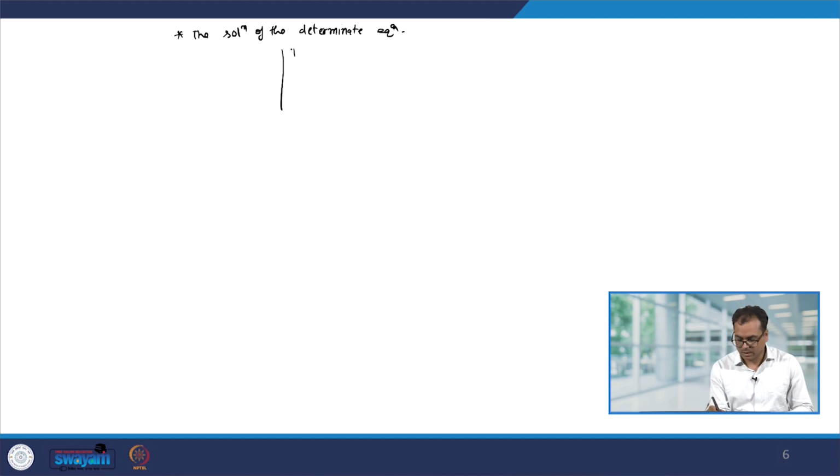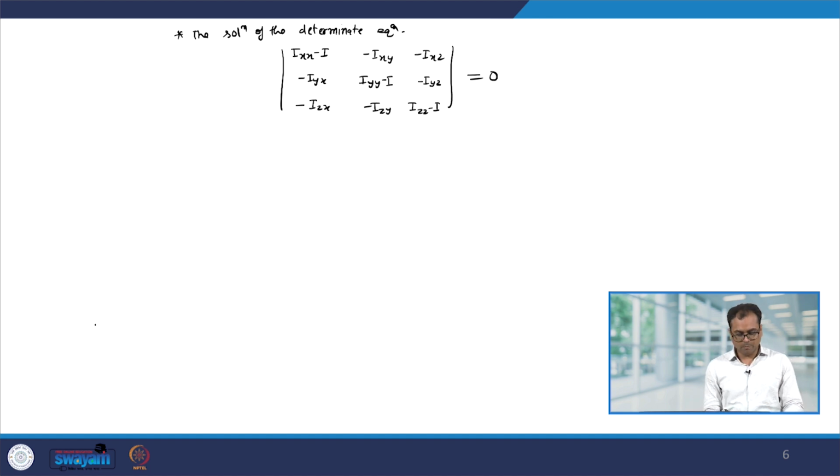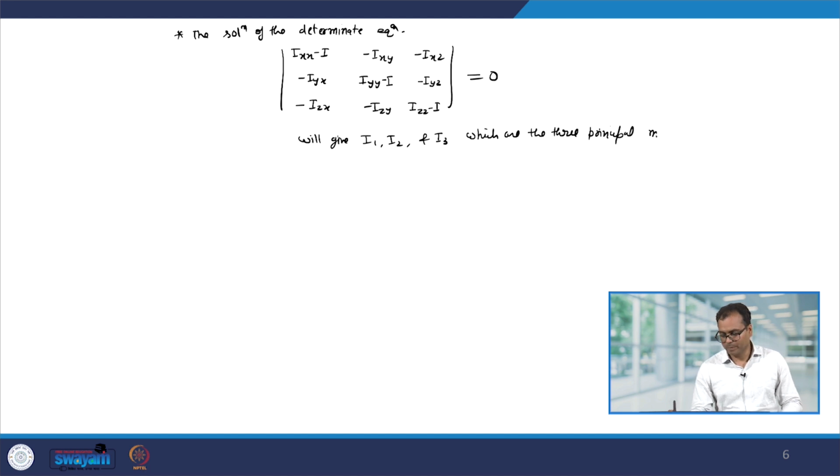So, let us make a determinant: Ixx minus I, minus Ixy, minus Ixz; minus Iyx, Iyy minus I, minus Iyz; minus Izx, minus Izy, Izz minus I, equal to 0, will give you I1, I2 and I3, which are the 3 principal moments of inertia. Let me just call this equation number B.